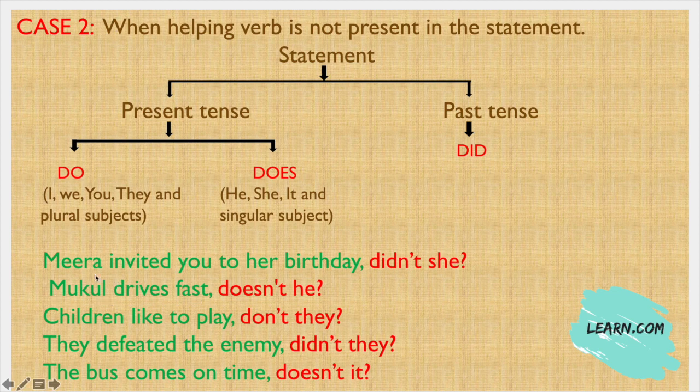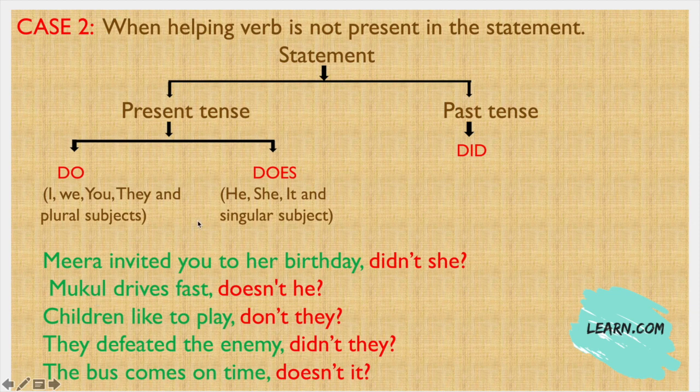Mukul drives fast. Now again, Mukul is a boy, so the pronoun is he. That is very easy. Main verb drives. Whenever the verb ends in s or es, it is in present tense. So for present tense, we have to use either do or does. Now Mukul is a boy, so what pronoun do we have to use here?